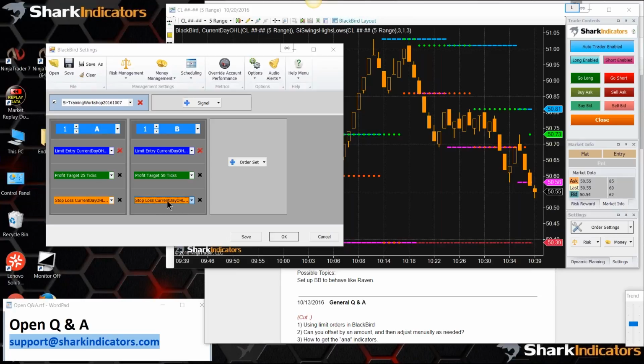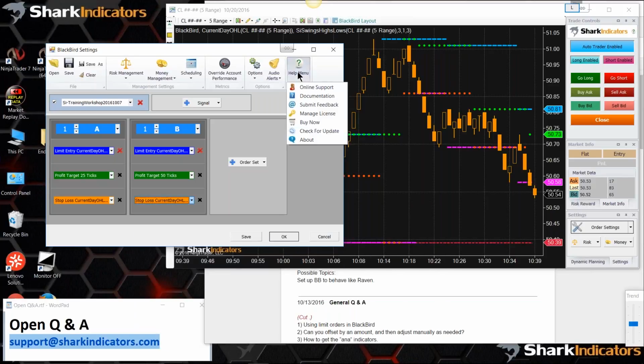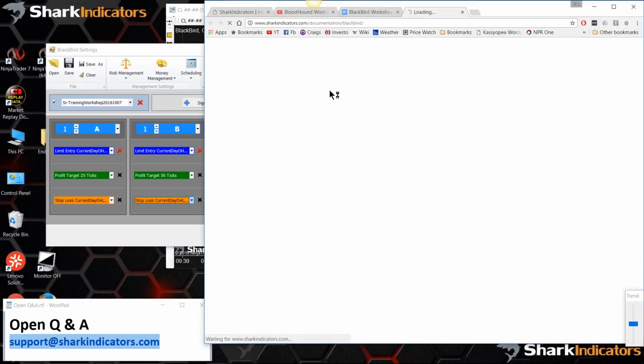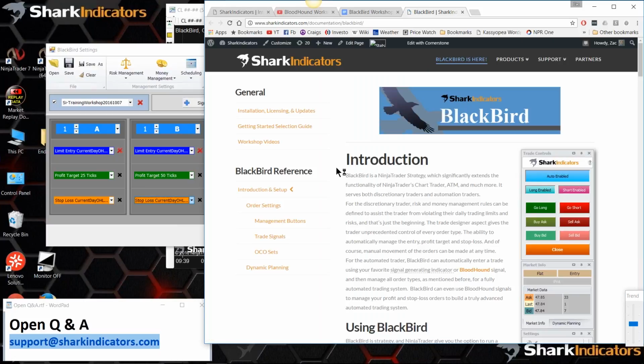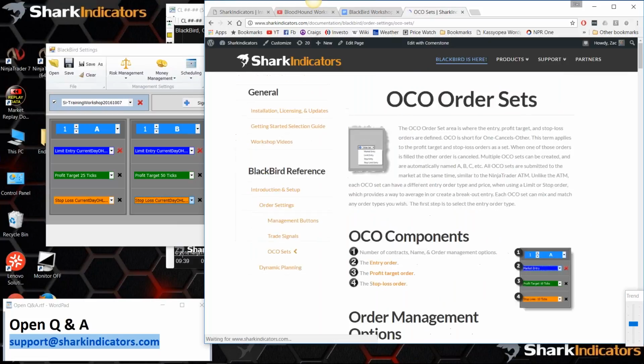Also, remember there is a documentation page on the evaluate using. If you want to see some written documentation on that, let's pull that up. Let's go to documentation here. We're working in the OCO sets here, so let's go into there.